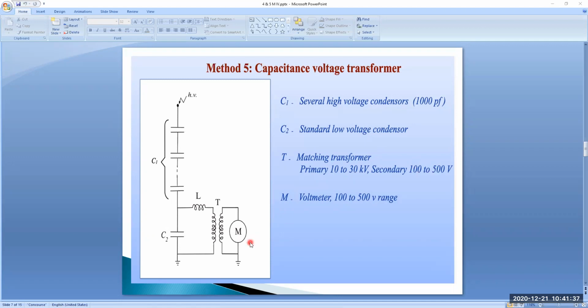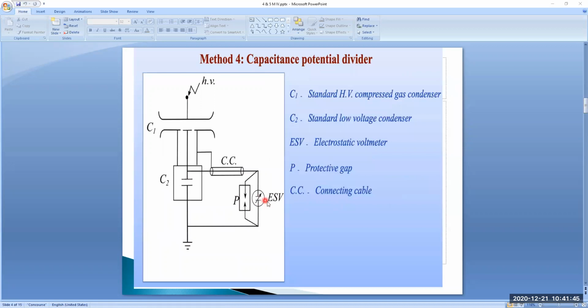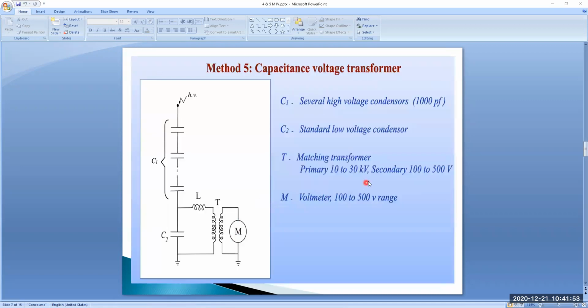The cost of an electrostatic voltmeter is very high and it is used only for special applications, while basic meters are for general applications, so equipment cost is reducing. Here L is the choke coil and T is the matching transformer.